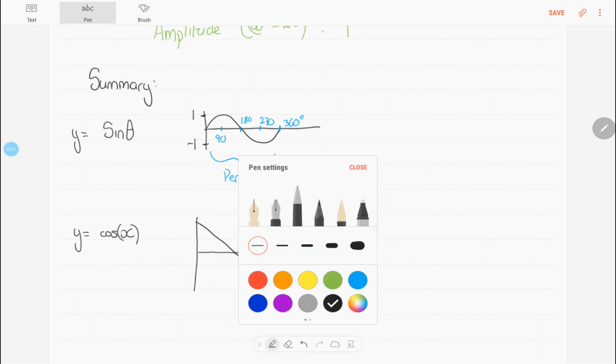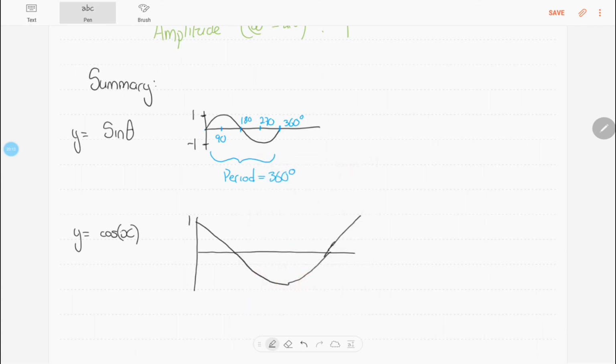The amplitude again is 1 and minus 1. And we put in our points: 90 over here, 180, 270, and then 360 there.